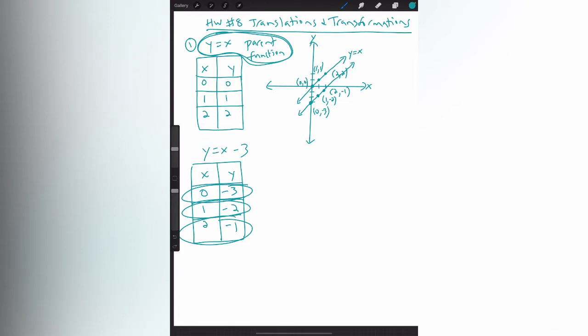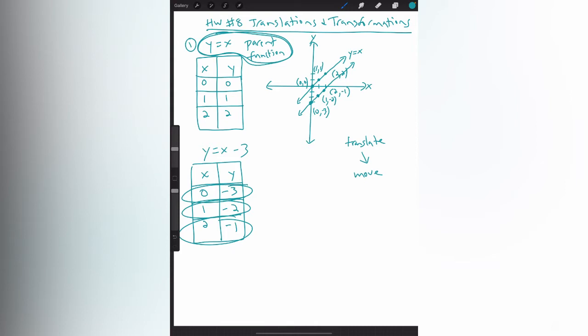It said, how is each function related to y equals x? Graph the function by translating the parent function. Translating means, if it says translate, that just means move, okay? So move it in one direction or another.